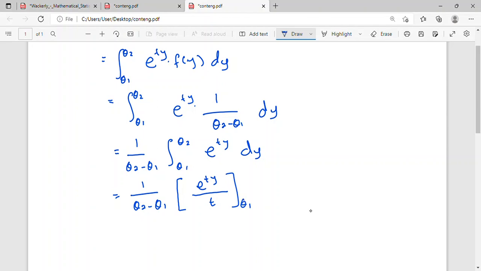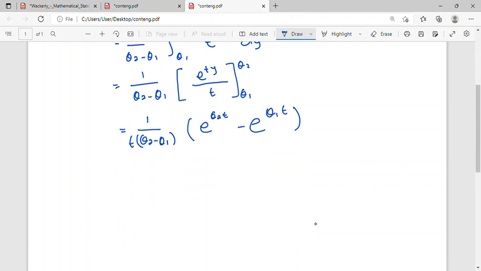Okay, kita replacekan Y dengan theta 1 and theta 2. Will be, I put t here, right? Keluar sebab t dah jadi constant. So dia akan jadi e power of, replacekan theta 2 dengan Y, sebab kita integrate terhadap Y tadi. So e^(theta 2 t) minus dengan e^(theta 1 t).